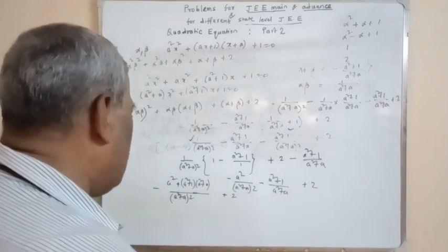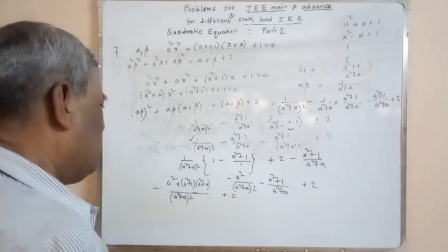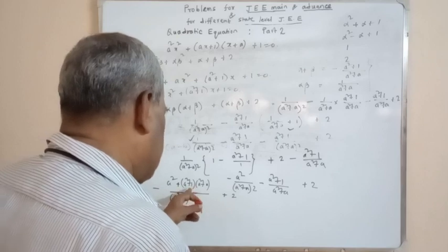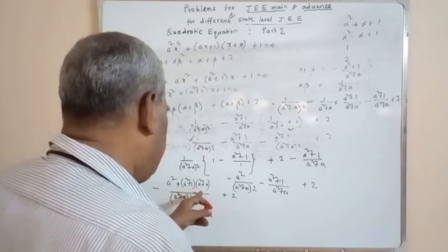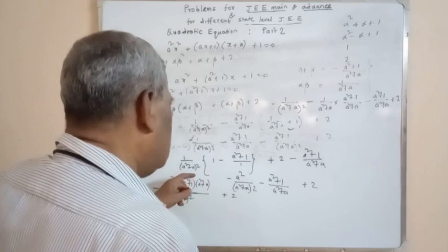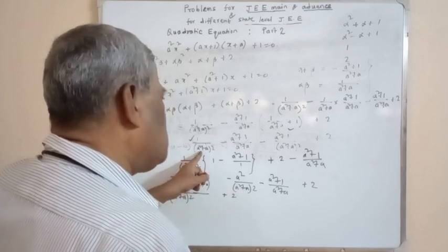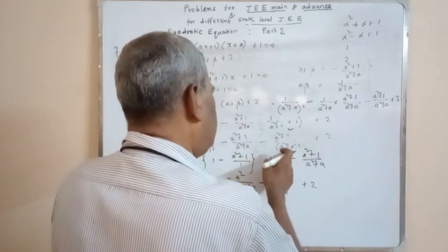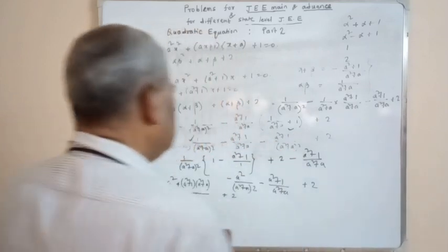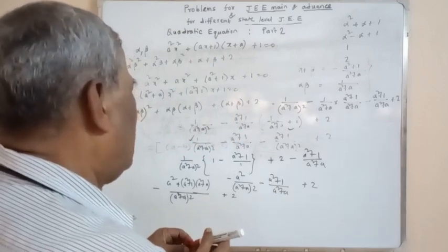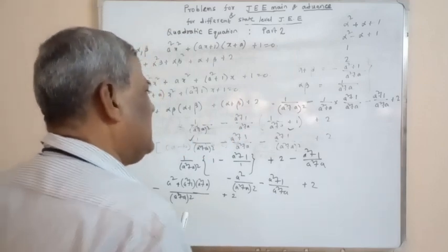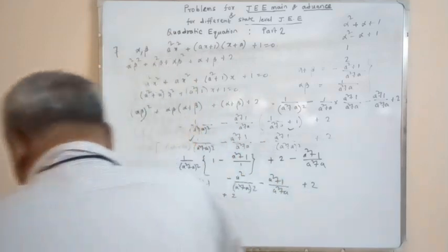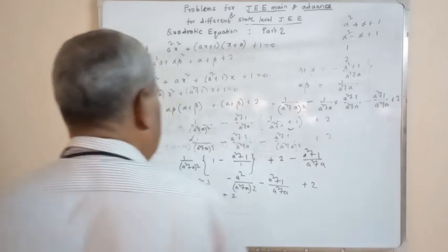I think all a square will be cancelled. All a square, all a will be cancelled. Achha, let us again simplify from that. I think somewhere I have done some mistake.